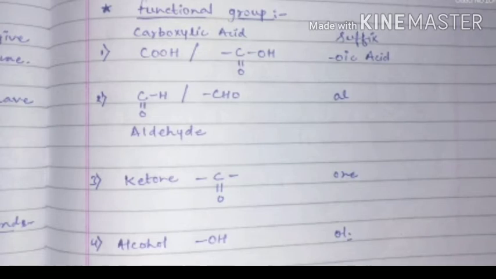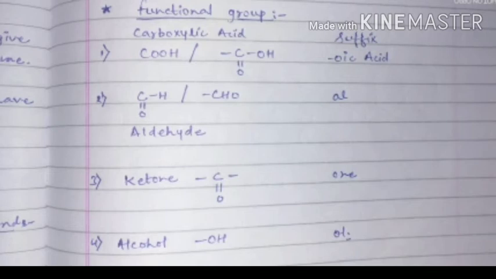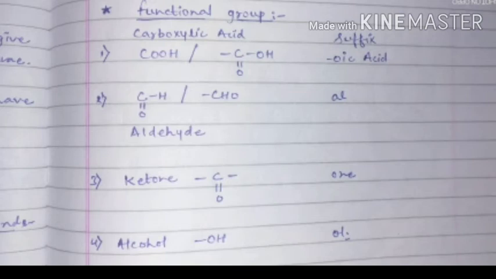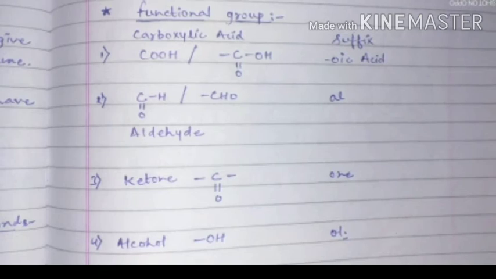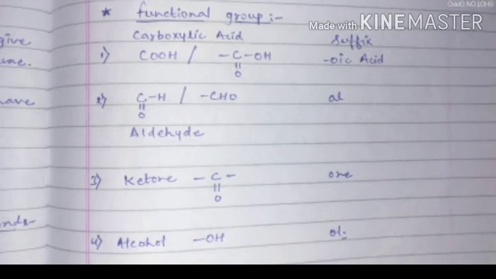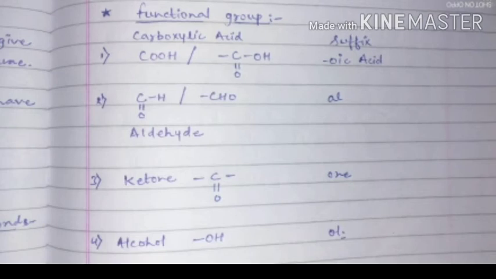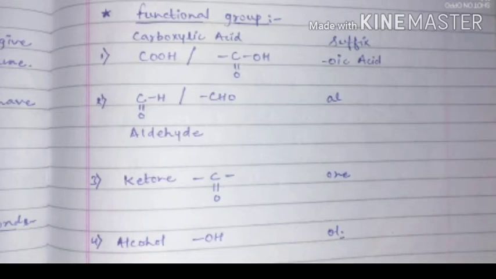You can see the formula COOH, or written like this structure. You should not get confused; both are carboxylic acid only, and for carboxylic acid we use oic acid as a suffix. Then for the aldehyde we use CHO. Both are aldehyde only, and for aldehyde we use al.